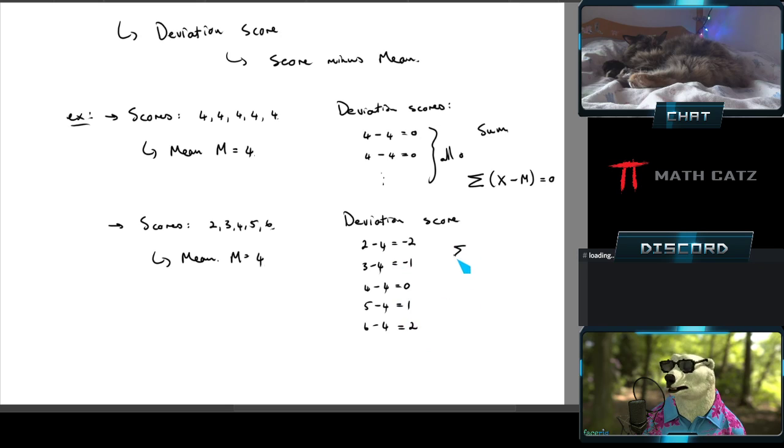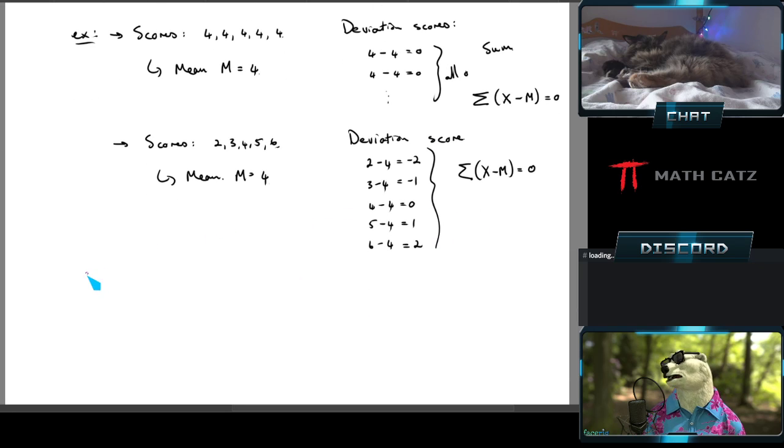So now the sum of all the deviation scores: -2, -3, 0, still -3, -2, 2. So if I add them all up, I get a 0, still, because some of these deviation scores will be negative when scores sit to the left of the mean. Some of the deviation scores will be positive when scores sit to the right of the mean, and they could be so balanced that the deviation scores cancel each other.